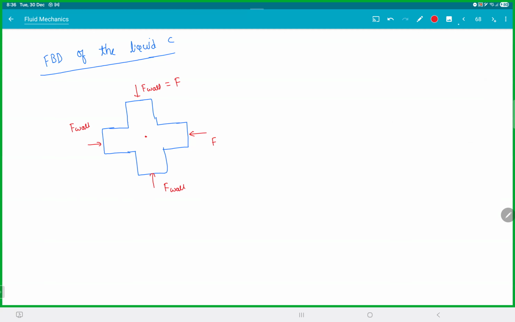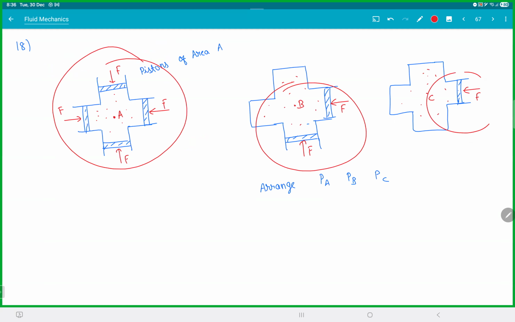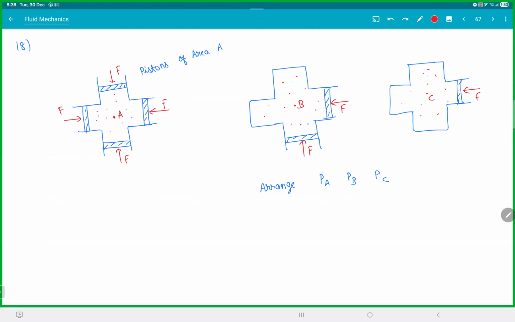So even though it gives you a feeling there are four forces here, two forces here, and one force here, in reality, if you just look at the liquid, this wall is also exerting force, this wall, this wall is exerting force. In all the liquids, the force is the same. Is that making sense? Think of it this way. Suppose you don't apply force at this piston, what would have happened?